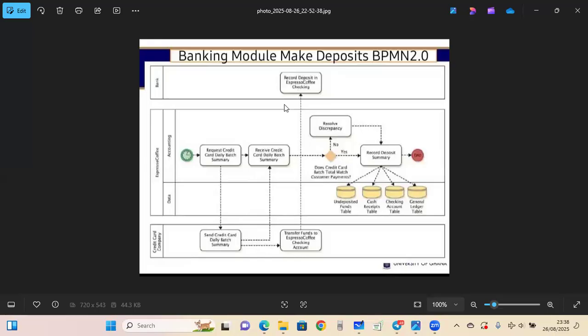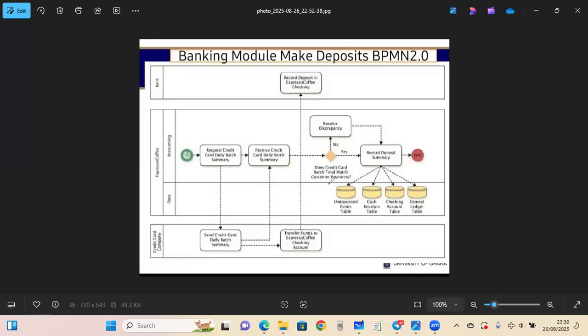Now, after doing that and receiving the summary, the company is going to check whether the credit card summary that was received actually matches the customers' payments, like the payments they've made so far. If it is matching, then they continue to record all the deposits into all these databases we are having down here, right?